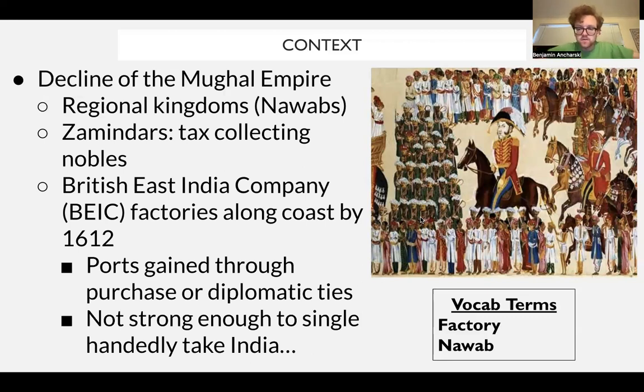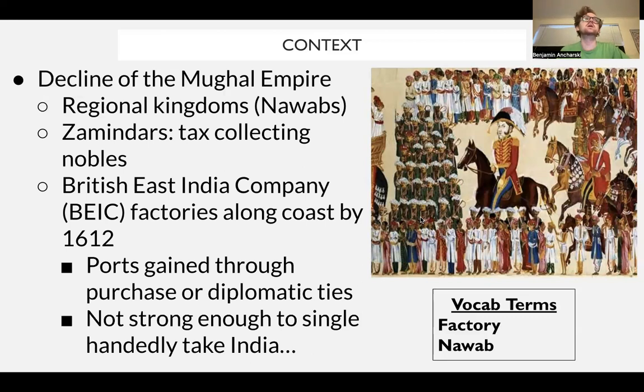Before the Industrial Revolution, India and Europe and other parts of the world were on the same playing field in terms of military technology. However, as a result of the Industrial Revolution, things are going to change, as we'll see in a second.